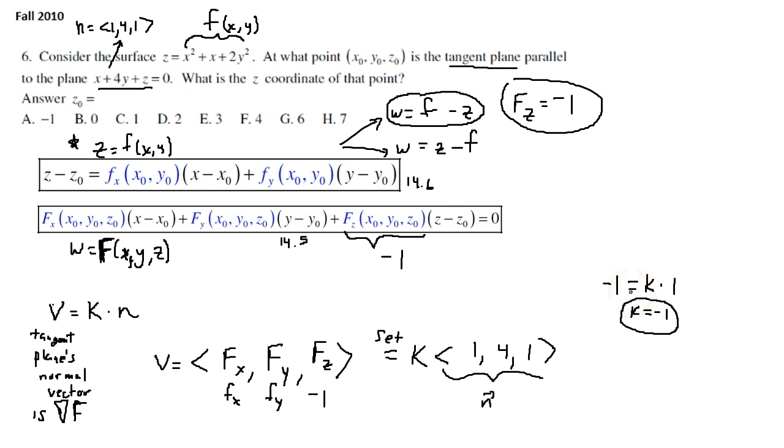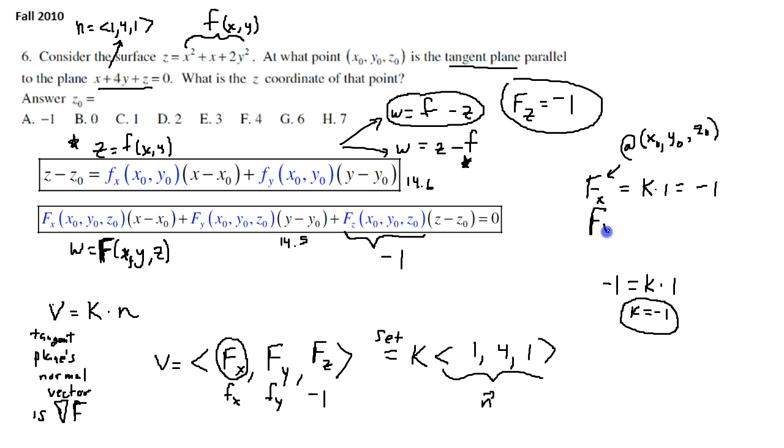If you set it up this way. If we had set it up the other way, then the scalar multiple would be exactly 1. But here we go, k is negative 1. So then we can take these partials here and set them equal to k times 1 and k times 4. So fx should be equal to k times 1, or negative 1, and this is not just any fx, this is fx at our point, x naught, y naught. Officially the z naught doesn't play a role.